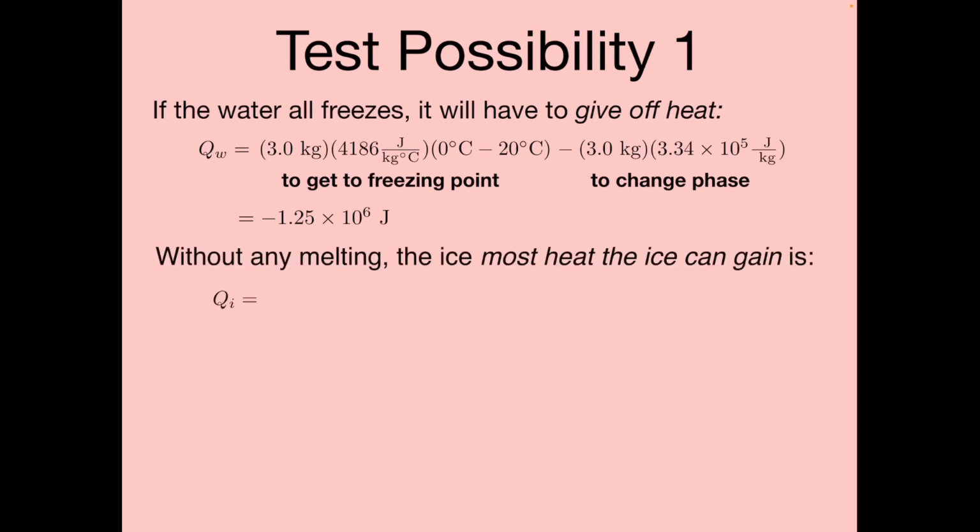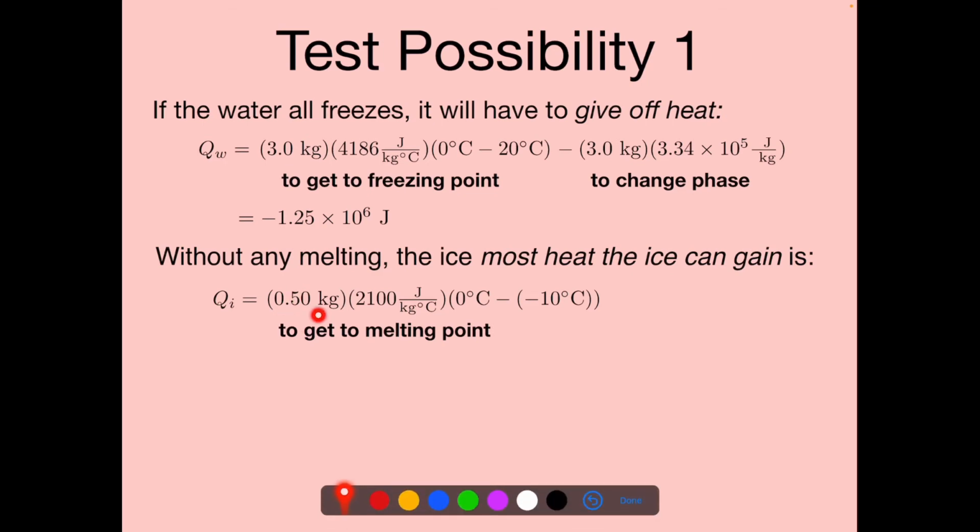But at the same time, the original ice can't melt, right? So we don't want any of the ice to melt. So the most heat that the ice can gain without any of it melting is equal to this. We have the mass times the specific heat of ice times the delta T for the ice. So here, let's see what we have. The mass of the ice is 0.5 kilograms.